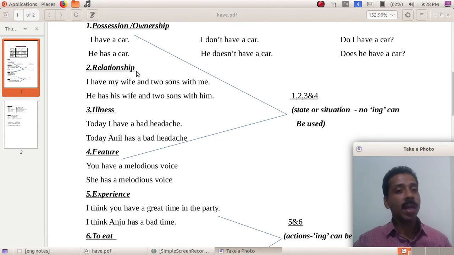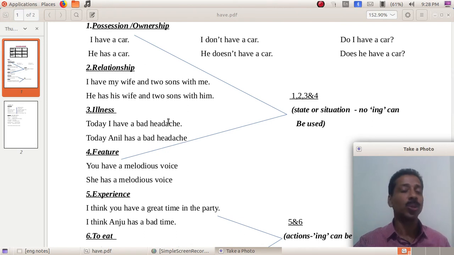Then the point you have to keep in mind is that in the case of the first four, that means while have or has is used to show possession, relationship, illness, or a feature, we cannot use the ing form of have in these sentences.